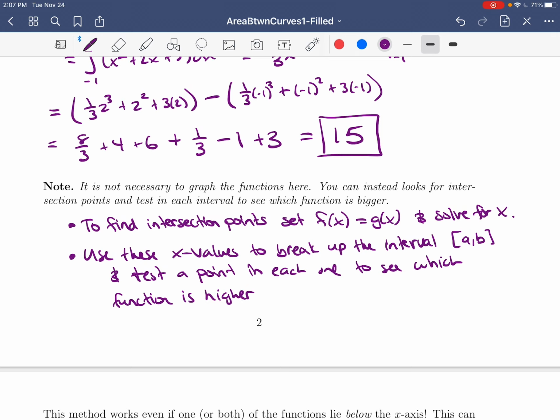So unlike when we're just talking about one function and the x-axis, where we're always looking for where the function crosses the x-axis and where it is above and where it is below, here I don't actually care about the x-axis, but I do care about when the functions cross each other. And then I want to know which one is on top. So when they cross, and we're going to do an example of this later, that's when you're going to have to break up your integral.